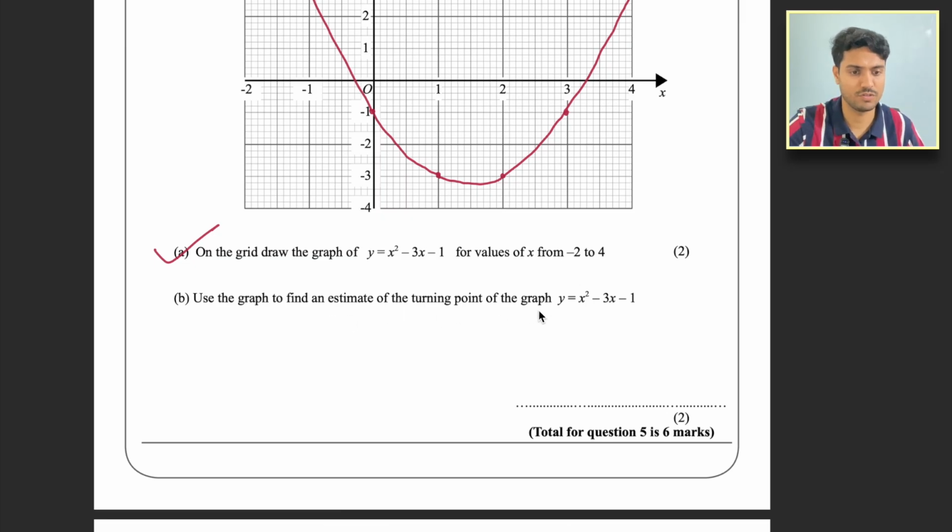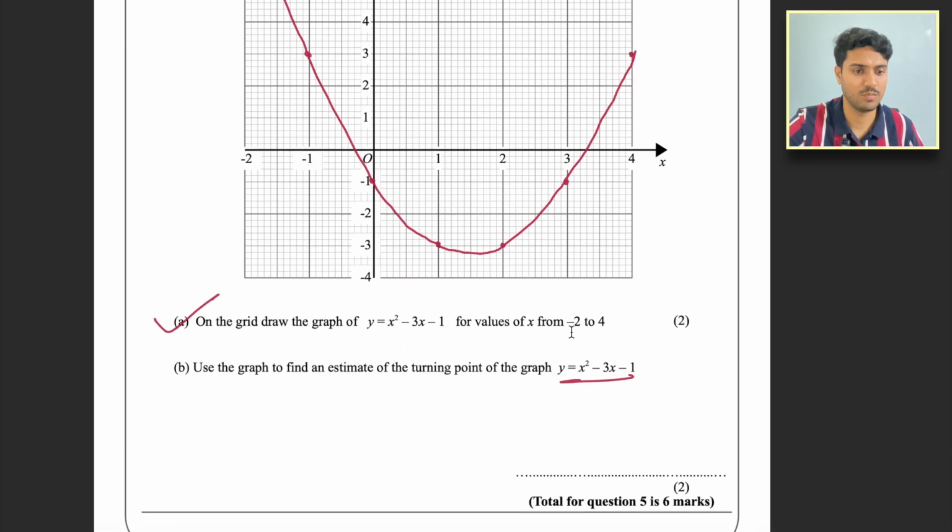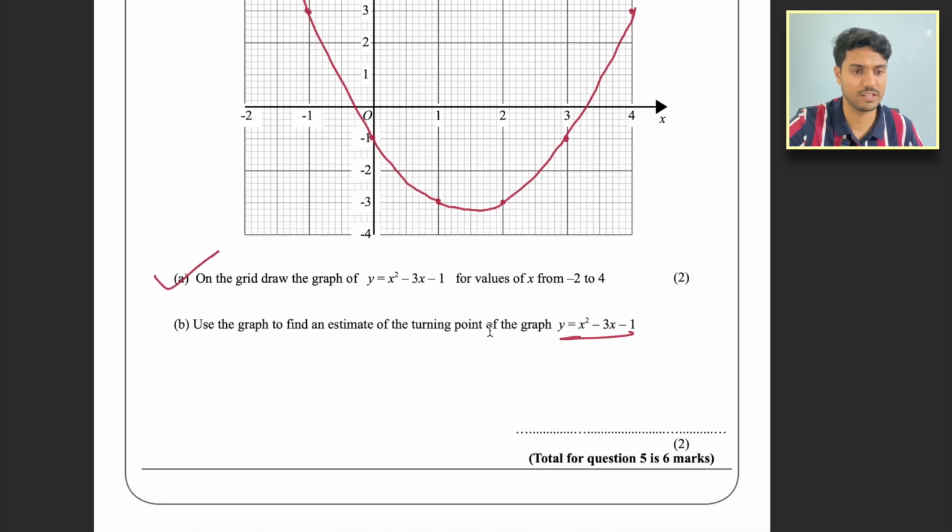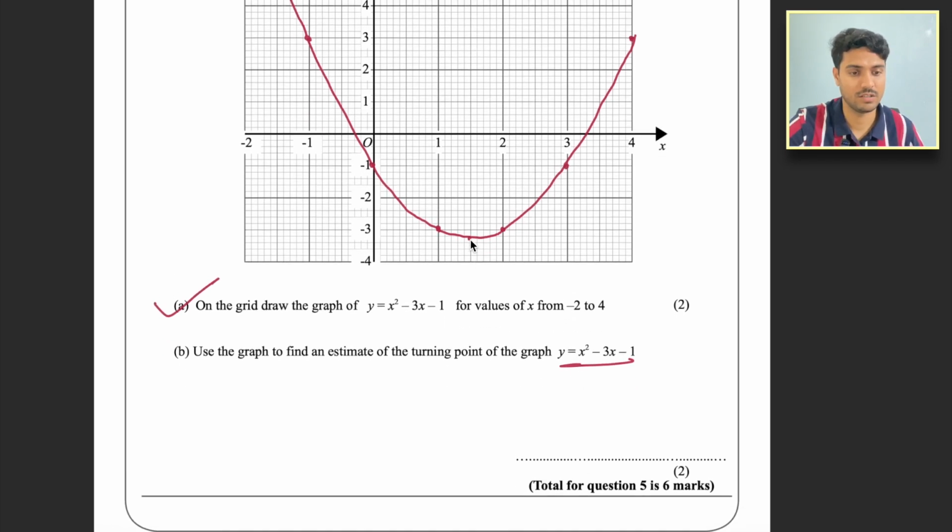It says use a graph to find the estimate of the turning point of the graph x square minus 3x minus 1. Estimate of the turning point will be here, so it is 1.5 comma, let's say 3.2.